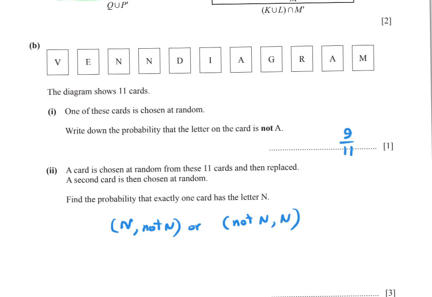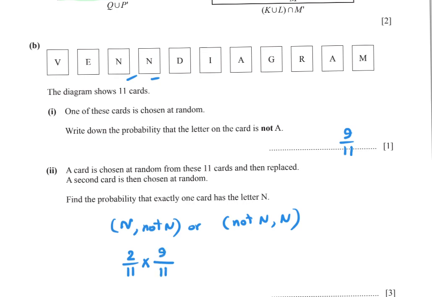Probability of N then not N: the first card is N, we have 2 N, so 2 over 11. Not N, because it was replaced, we have 11 letters and 9 not N, so 9 over 11.